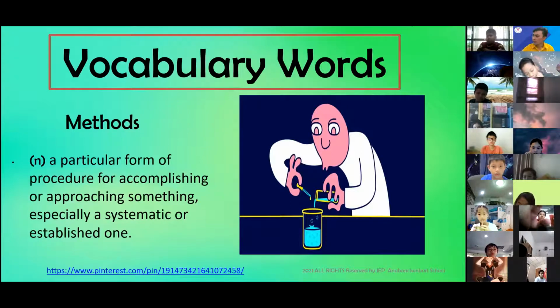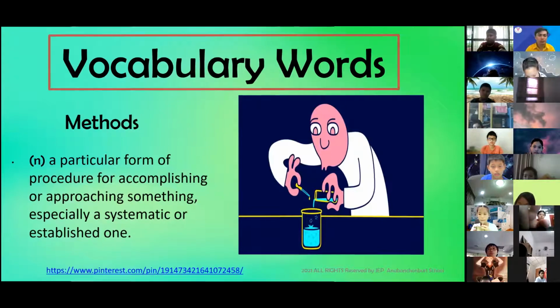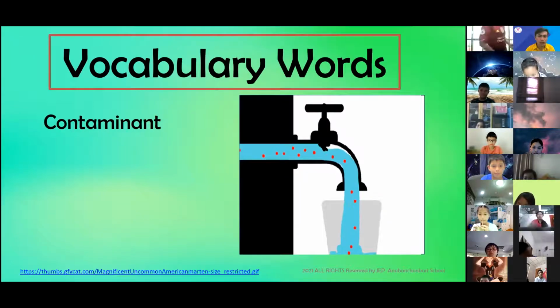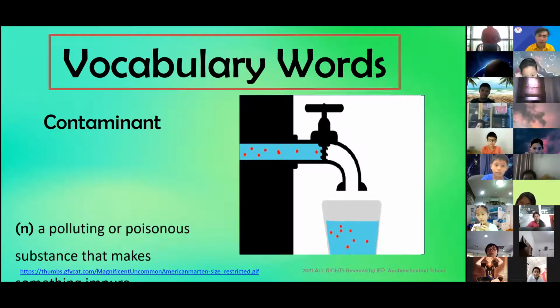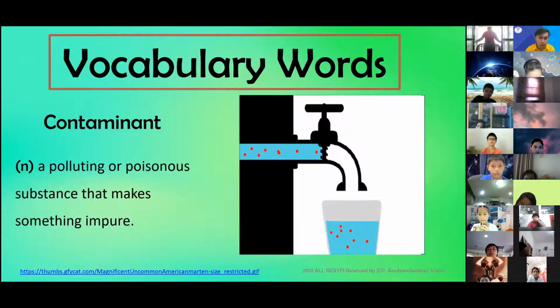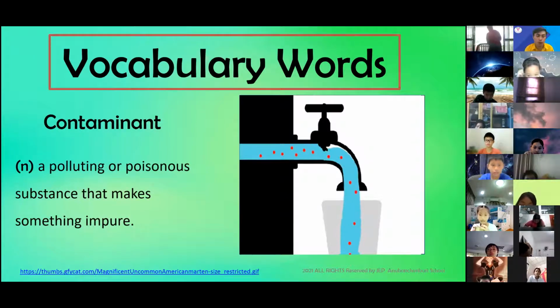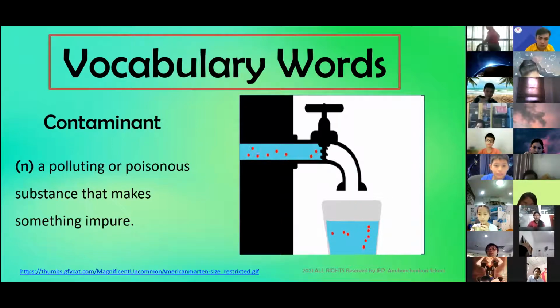All right, let's continue. The next word that we have here is the word contaminant. Okay, so the meaning of the word contaminant is a polluting or poisonous substance that makes something impure. What is the meaning of the word impure? Not pure, impure. Okay, so for example, here is the water.